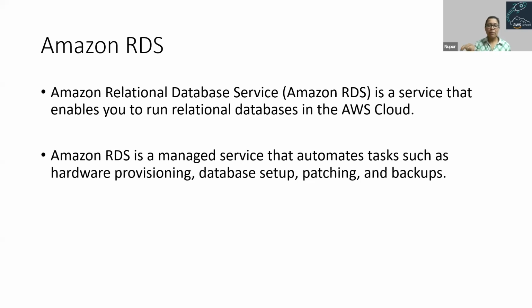Patching is nothing but this: we have software on our servers, we have an operating system, so we need to update that operating system and the software supported for it. That is known as patching. We need to keep the servers up to date so that they are working properly. So everything is managed by AWS for us by this RDS service, and we can use it as well.